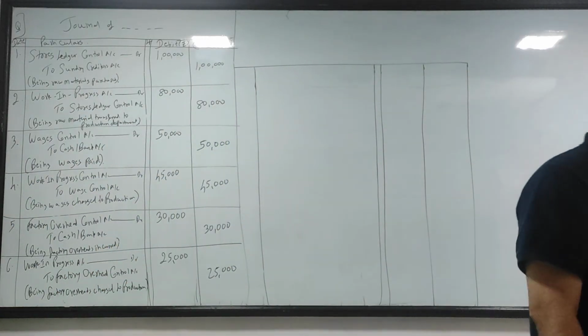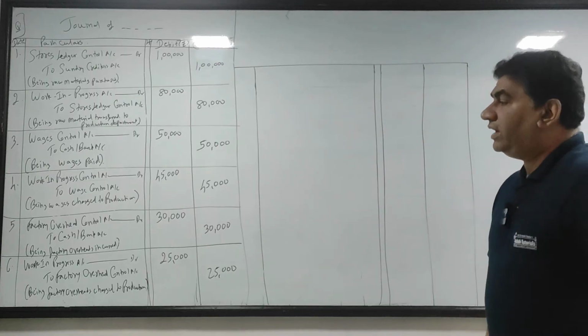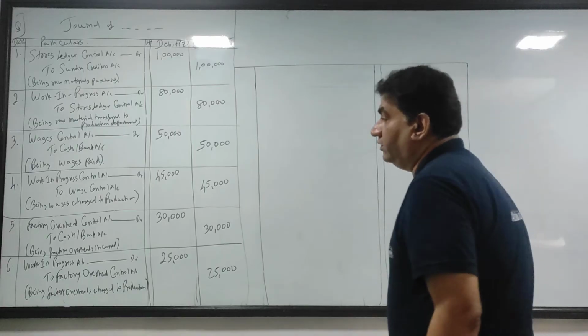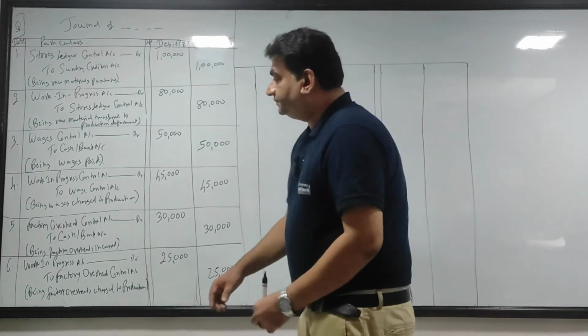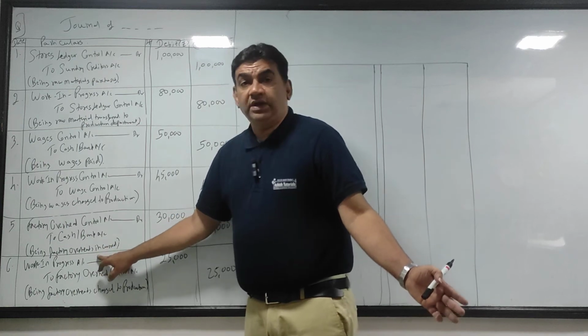So WIP control to factory overheads. Getting it? देखो यहाँ पे डेबिट, यहाँ पे क्रेडिट goes to WIP.